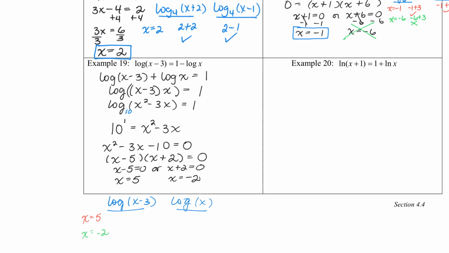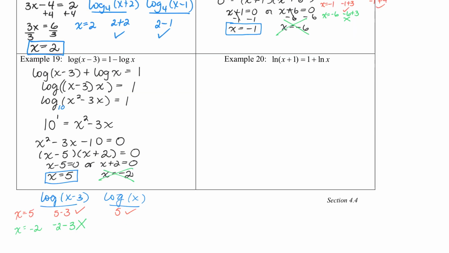Okay, so x equals 5, I'm plugging that 5 into x minus 3. That's 5 minus 3, which is 2, which is positive. And if I plug it in here, x equals 5, that's positive. So x equals 5 is a valid solution. But x equals negative 2 is not, because negative 2 minus 3 is negative 5, and that is not positive. And so this proposed solution is extraneous, and I got one single solution to this logarithmic equation, x equals 5.